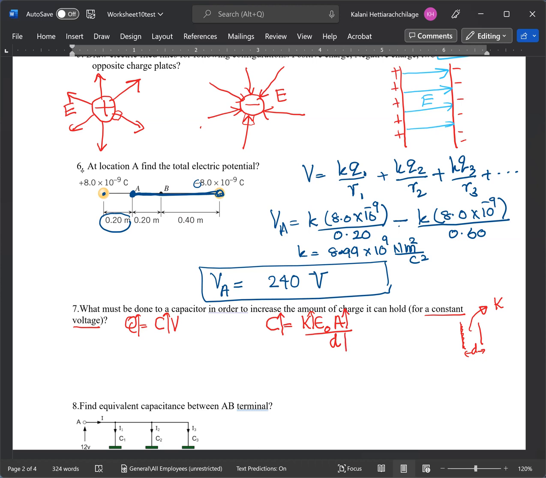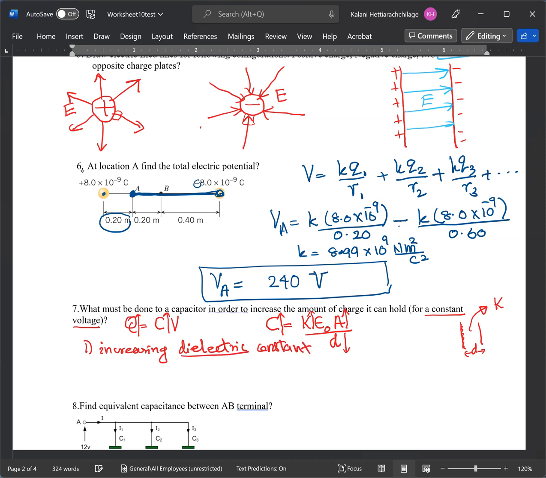But I can decrease the distance between the two plates. Those are the three things that you can change. One is increasing the dielectric constant, that means the K value.